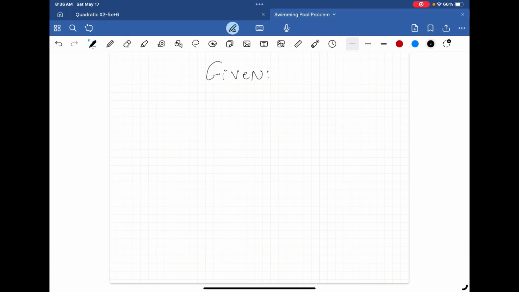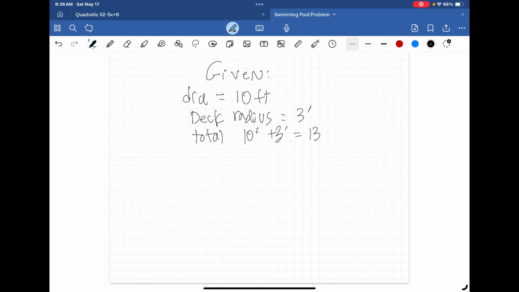So first of all, let's look at what is given in the problem. The first thing is we know the pool diameter is going to be 10 feet, and the deck radius, or the width of the deck, is 3 feet. So the total radius of the pool plus the deck is going to be 10 feet plus 3 feet, equal to 13 feet.